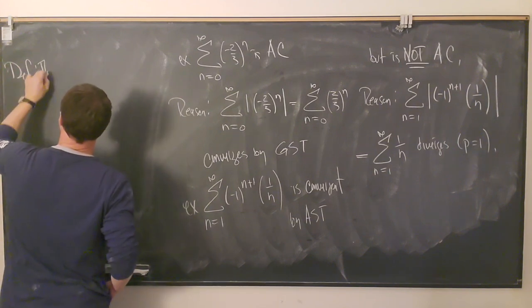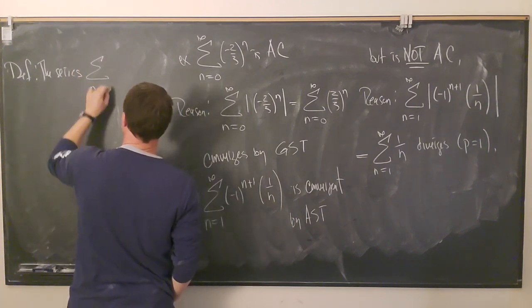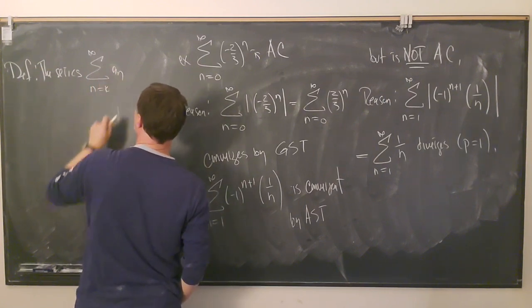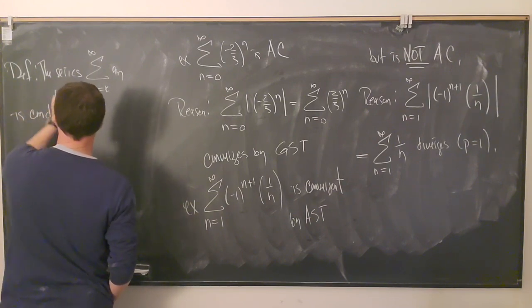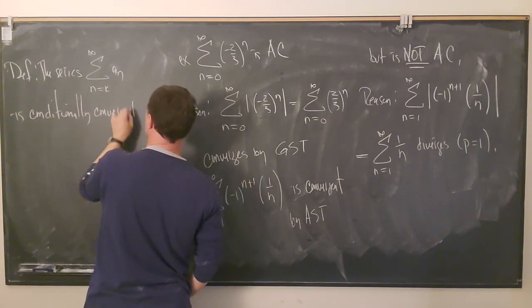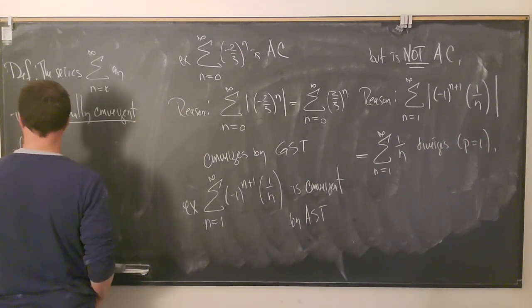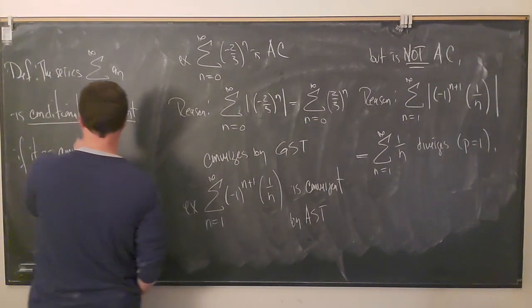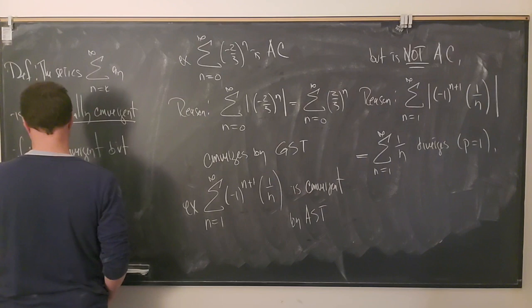The series sum n equals k to infinity a sub n is conditionally convergent if it is convergent but not absolutely convergent.